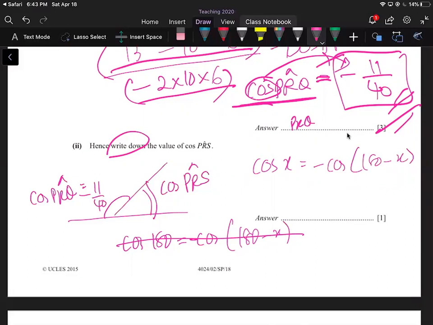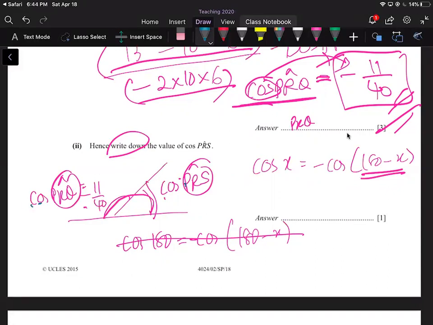Okay, so pasal cosine x atau cosine ni, mana saja kamu mau. Artinya, apa relationship ini sama ini? Okay, kalau kamu lihat dicampur dua-dua ini, it will be 180. Kalau kamu campur PRQ sama PRS, ia akan jadi 180. So bila kamu cosine dua-dua, apa kaitannya? Satu akan jadi negatif.